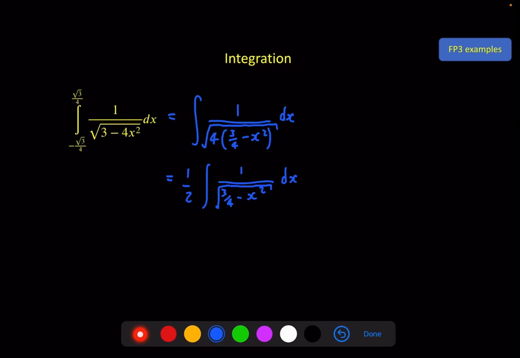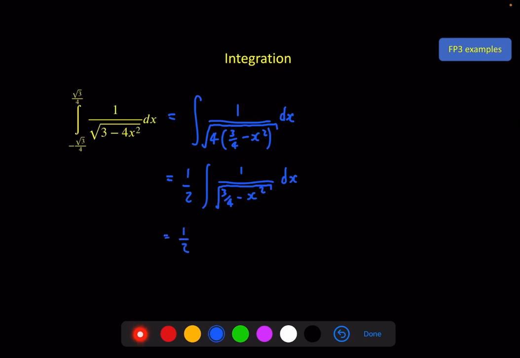Now, this question did not specify that we have to use a substitution, so we're allowed to use one of the standard results on the formula sheet, and this will give us arc sine x over a, where a is the square root of this number.